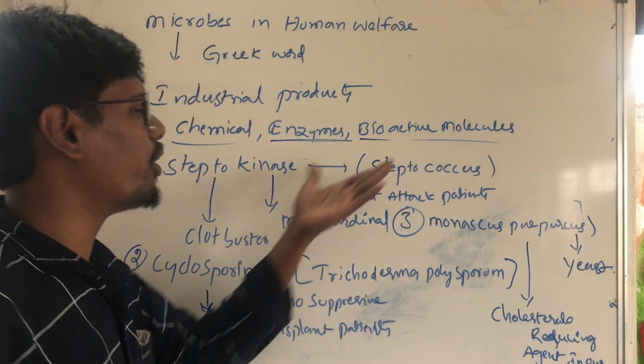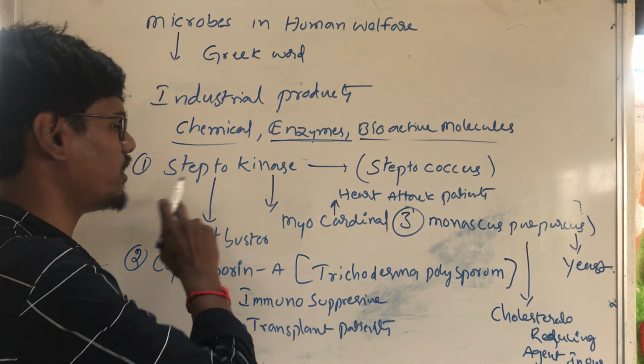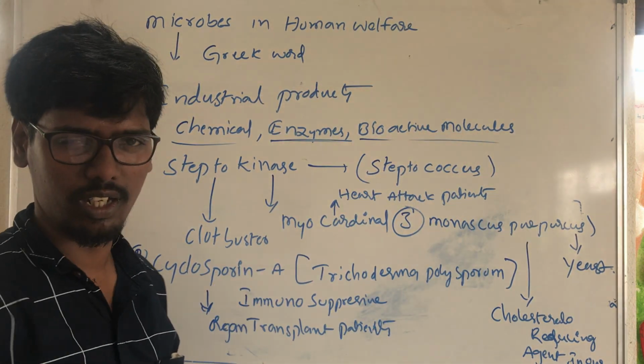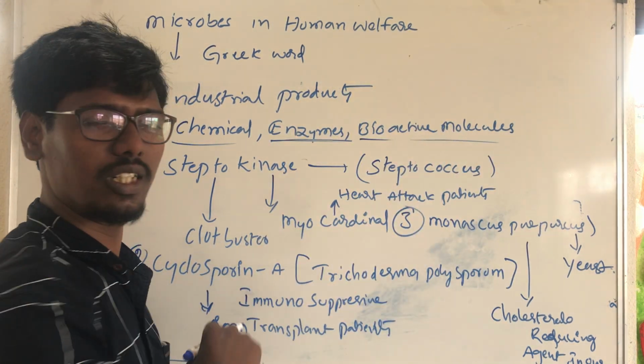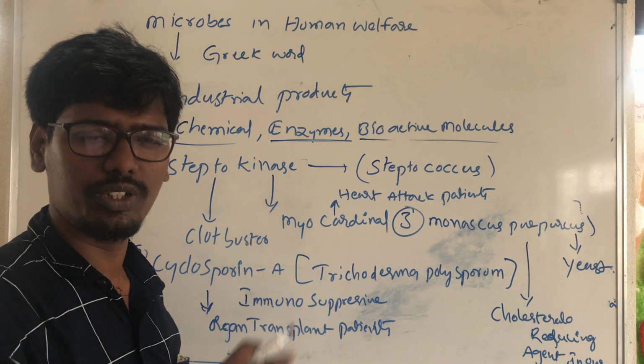So these are bioactive molecules: one is streptokinase, second is cyclosporin, third is Monascus purpureus. These three things are bioactive molecules.